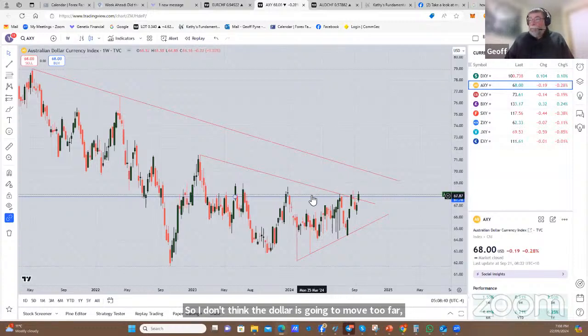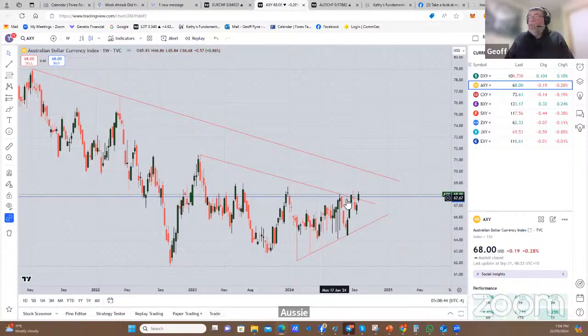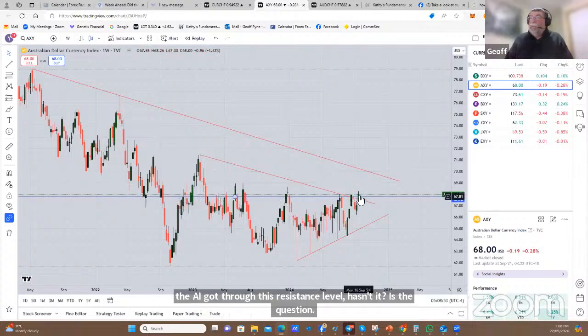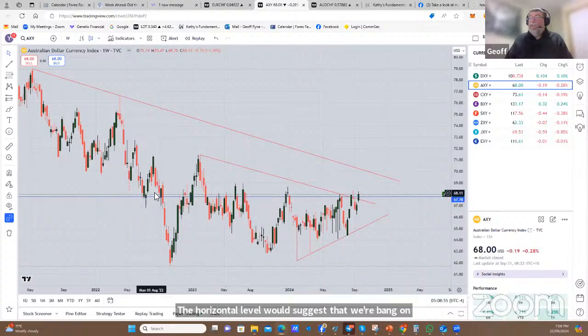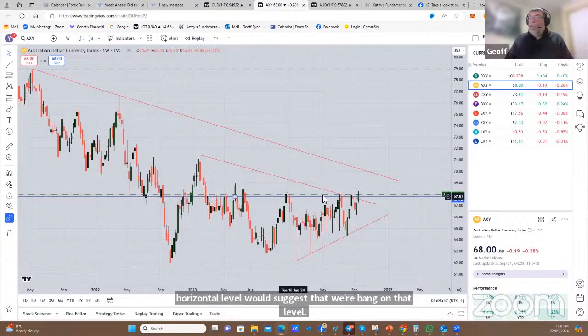Aussie dollar. Aussie dollar, as I said, has an interest rate announcement on Tuesday this week. Has the Aussie got through this resistance level, or hasn't it, is the question. The horizontal level would suggest that we're bang on that level. So we're at a resistance level on the Aussie.